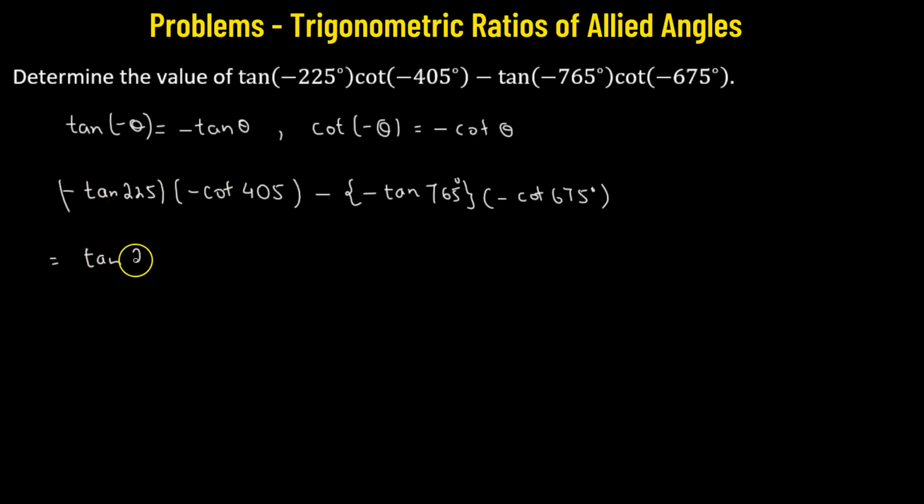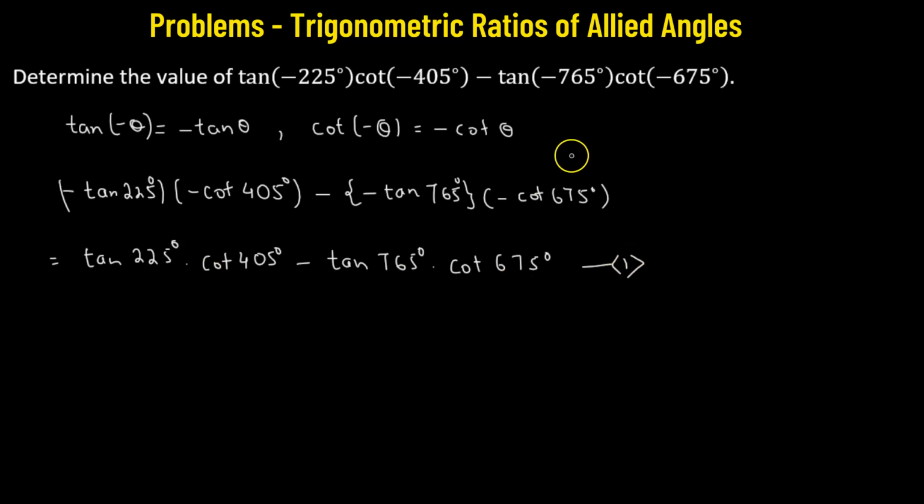We have tangent of 225 degrees multiplied to cotangent of 405 degrees. All angle values are measured in terms of degrees. Then we have negative times negative times negative, so this corresponds to negative. We have negative tangent of 765 degrees times cotangent of 675 degrees. Then instead of finding the value of the original expression, we will find the value of this new expression, which will essentially give us the same value.